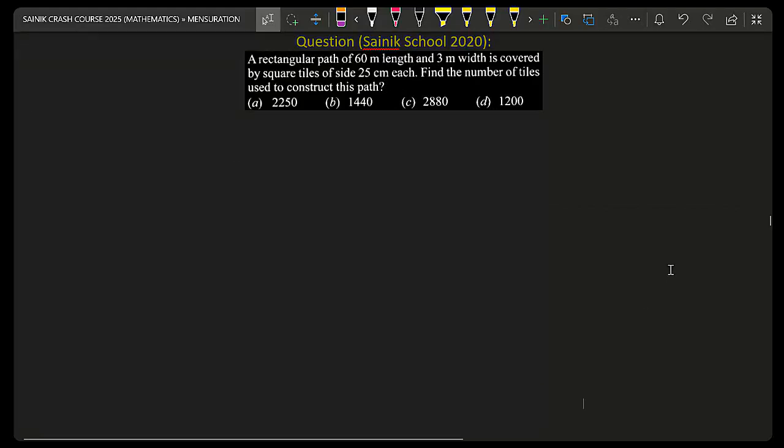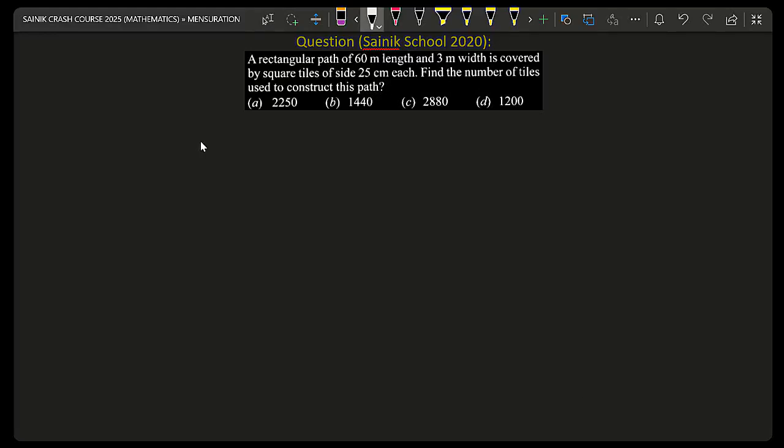Pranay, read the question again. A rectangular path of 60 meters length and 3 meters width is covered by square tiles of 25 centimeters each. Find the number of tiles used to construct the path.